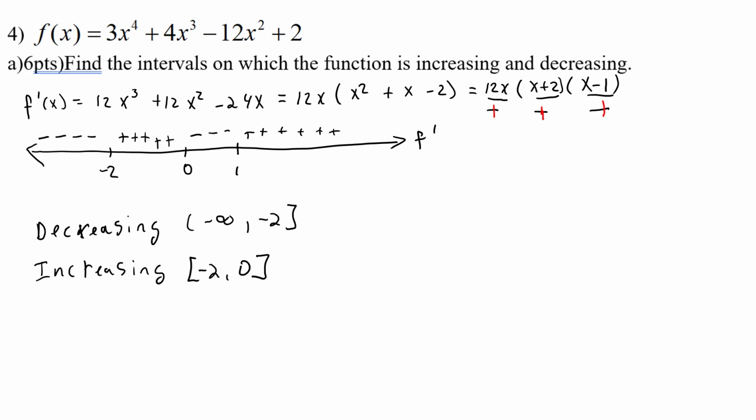From 0 to 1, it's decreasing, so over here we put that with the decreasing union, 0 to 1. And then once we get past 1, we go back to increasing all the way forever and ever. It will never turn back around.